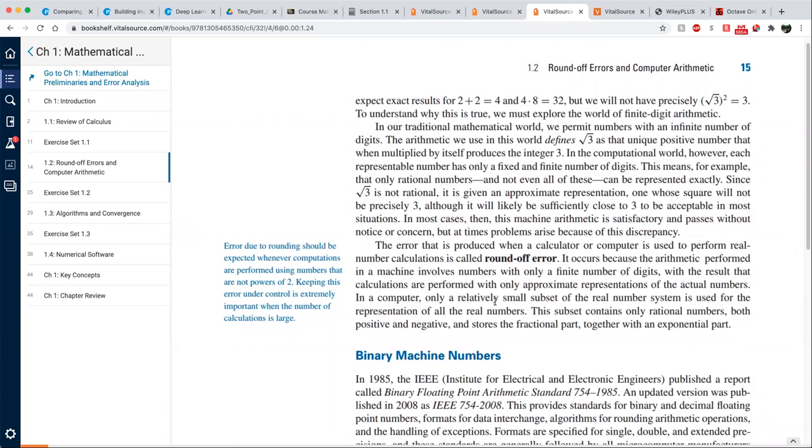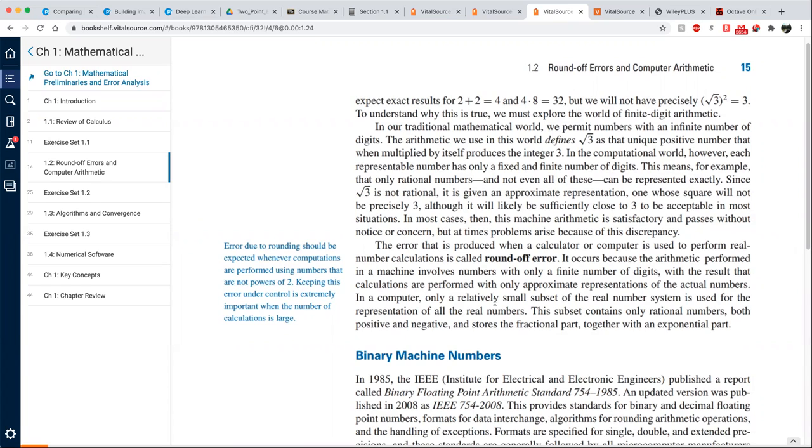When a computer calculates, for example, 1/2 times √2, we know that 1/2 times √2 is just 1, right?